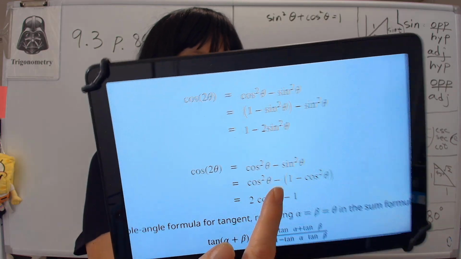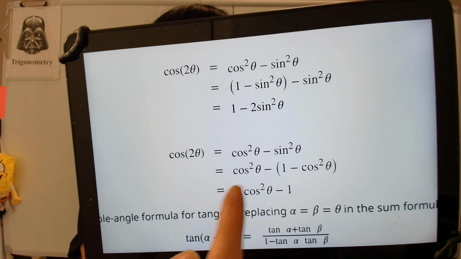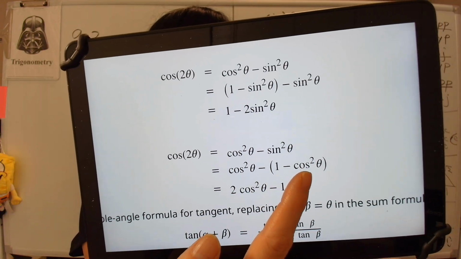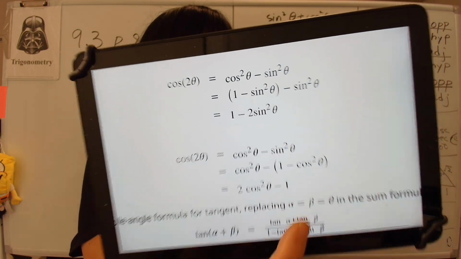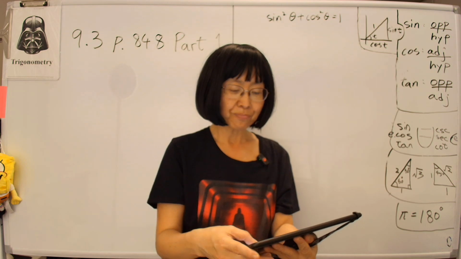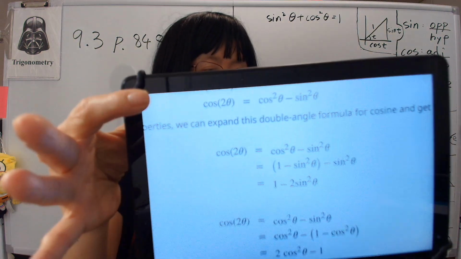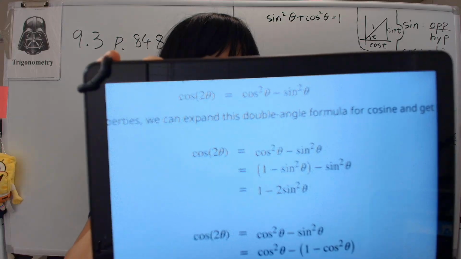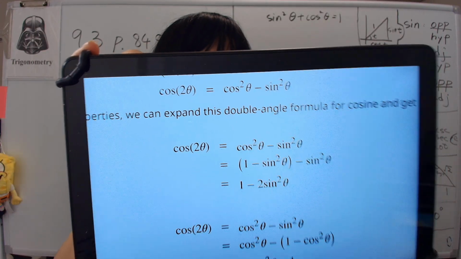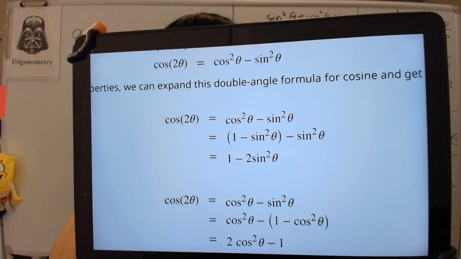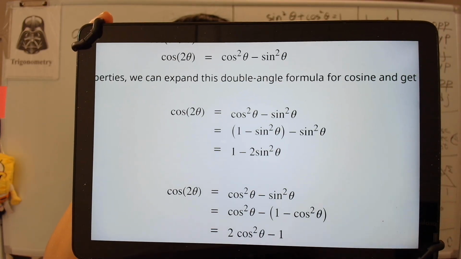Plugging that in, the minus becomes a plus, and with the other cosine squared it becomes 2 cosine squared minus 1. And that is cosine 2 theta. So cosine 2 theta has 3 different formulas: cosine squared minus sine squared, or 1 minus 2 sine squared, or 2 cosine squared theta minus 1, each obtained easily from the Pythagorean theorem.